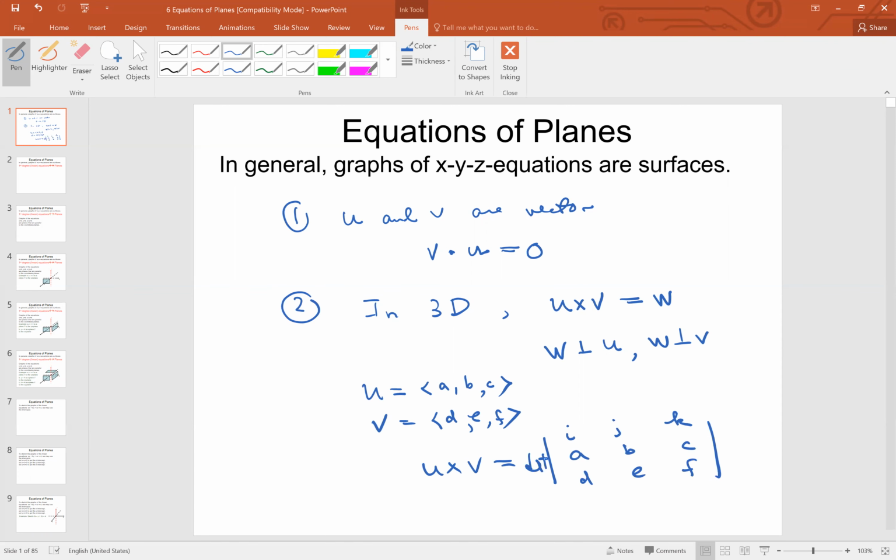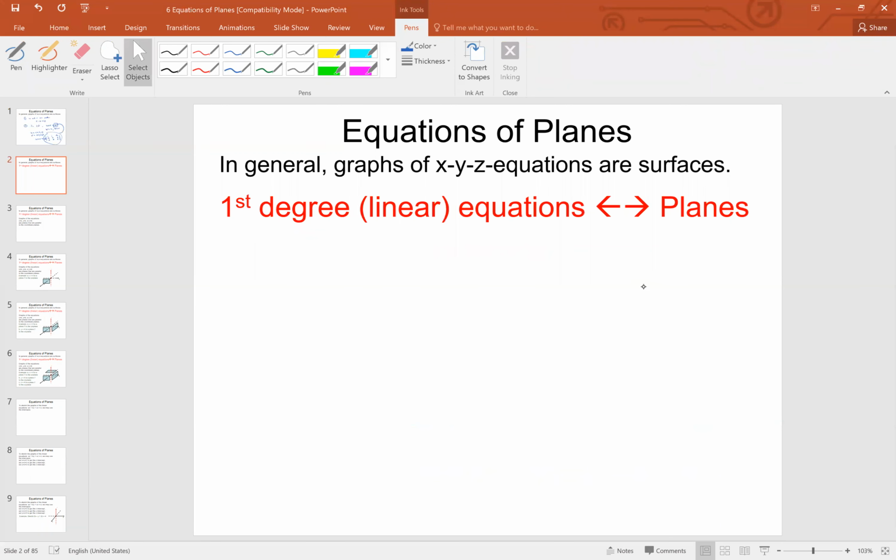So, in other words, this is how we produce a perpendicular vector w, which will be important in these sections. Bear in mind these two formulas we're going to use, and we'll proceed with the equation.